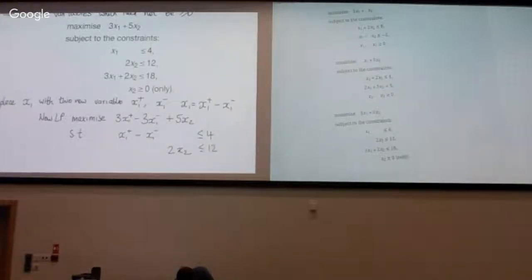And 3x1 plus minus 3x1 minus plus 2x2 is less than or equal to 18.